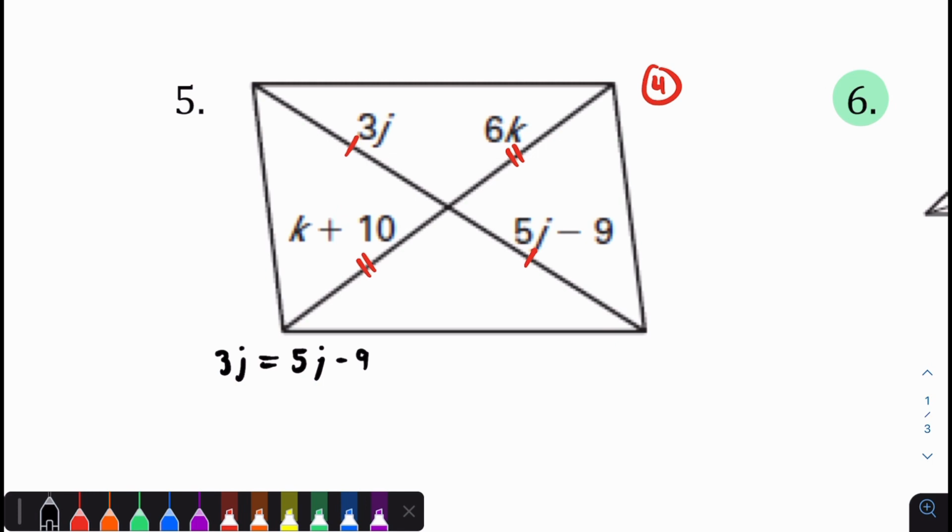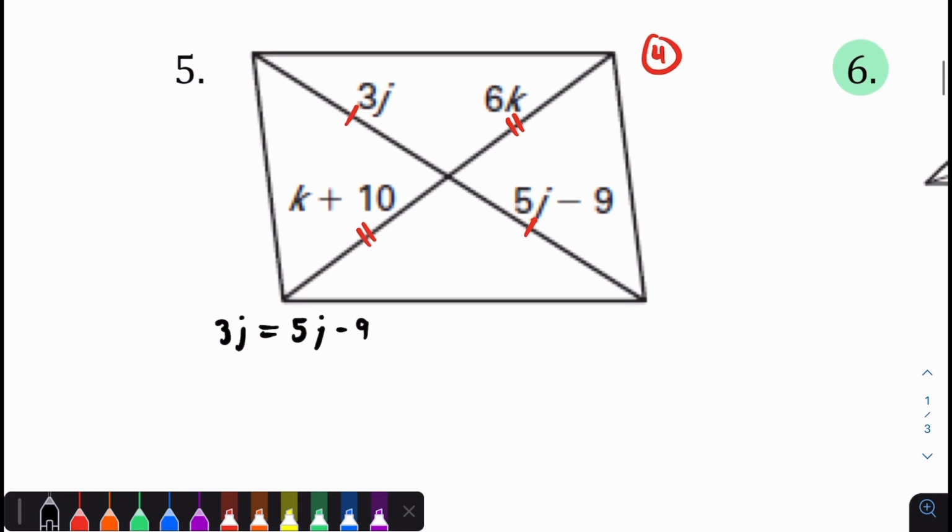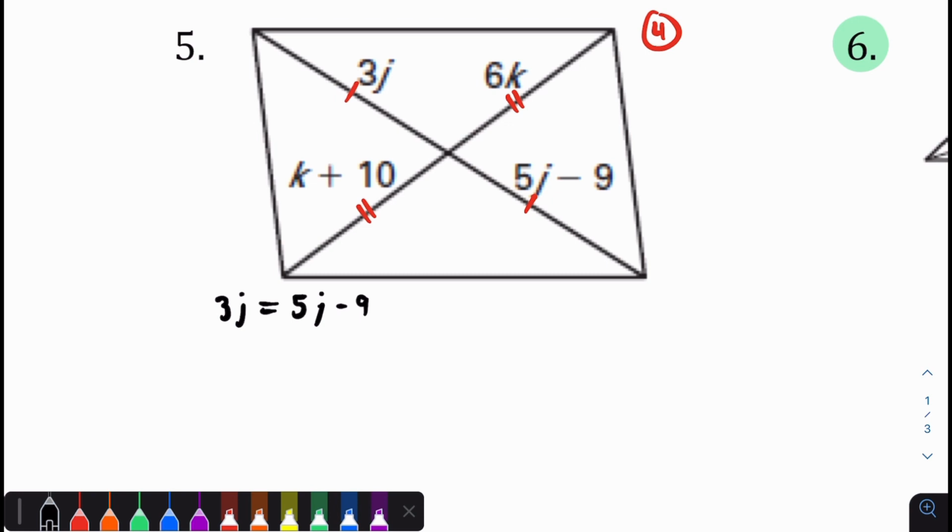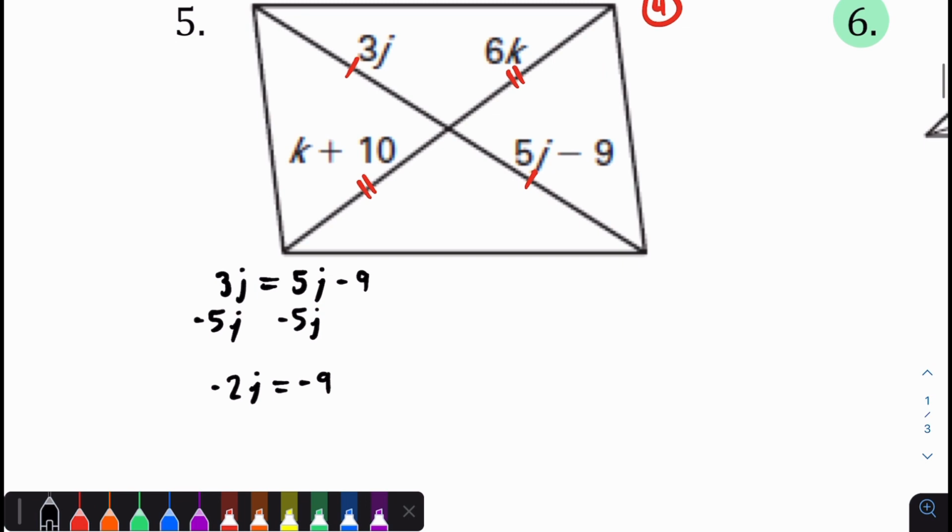I'm going to subtract 5j from both sides. So negative 2j equals negative 9. So j equals, when I divide both sides by negative 2, a negative divided by a negative is a positive, and I'm left with 9 over 2.